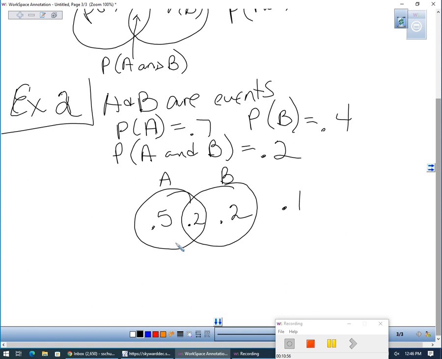Because this adds to 0.7. Okay? So then the same thing over here. This whole B adds to 0.4. And then when we added all of this up, we got 0.9. So that means we're still missing 0.1. And that's why it's outside the Venn diagram. All right? Okay.